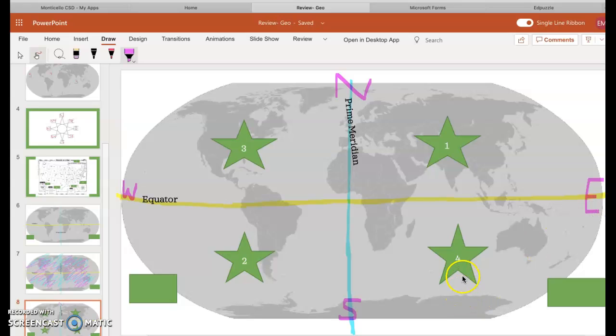So if we look at number 4 for another moment, this is in the southern hemisphere, because anything below the yellow line is the southern hemisphere, and it's also in the eastern hemisphere, because anything to the right of this blue line is the eastern hemisphere.